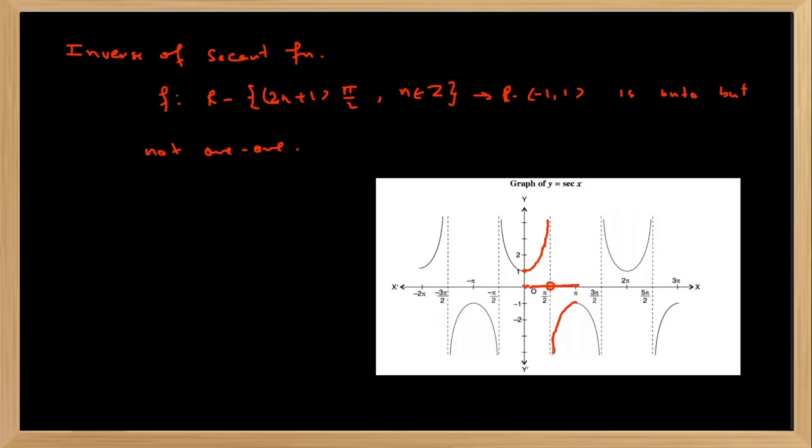So I can say that the sec function, if defined from 0 to pi excluding pi by 2 to R minus minus 1 comma 1, is 1-1 and onto.